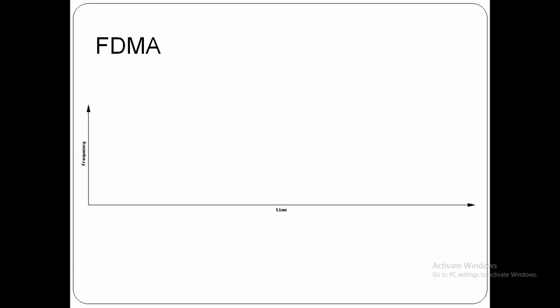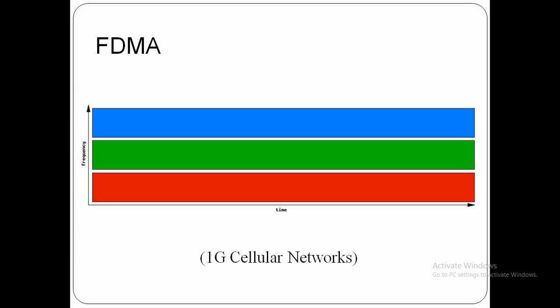We see the details. This was used in 1G cellular networks, related to AMPS, which we saw in previous video lectures. AMPS is used in the 1G cellular network.